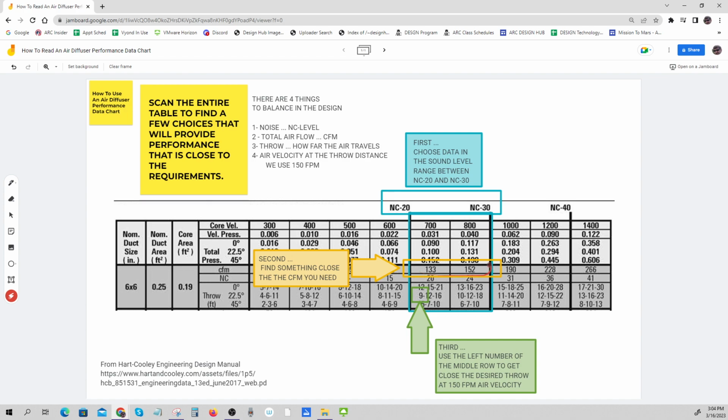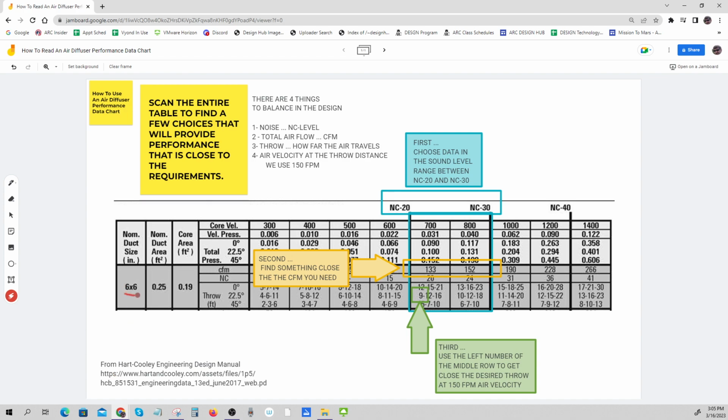So the next thing to do is try to find one where these numbers here are somewhat close to the numbers you're looking for. In this case, if I chose this one, I'd be operating at NC20, and I'd be able to deliver 133 cubic feet per minute out of the air terminal.